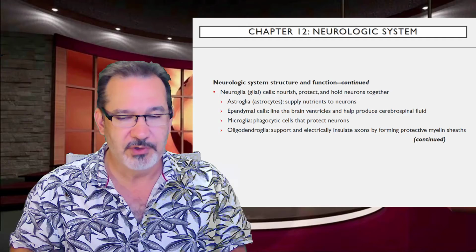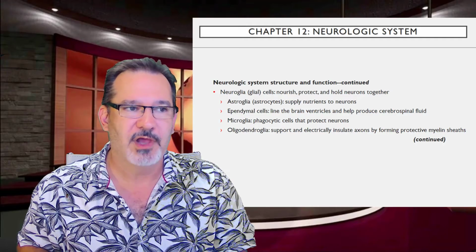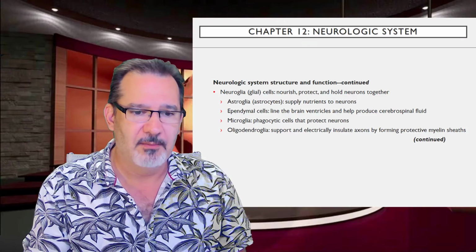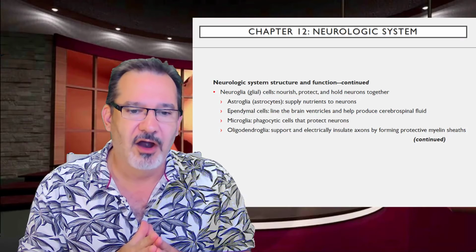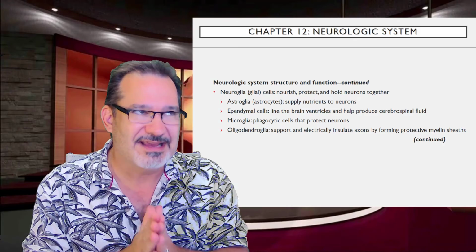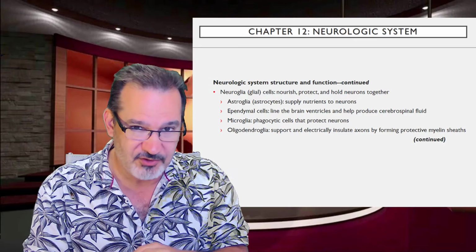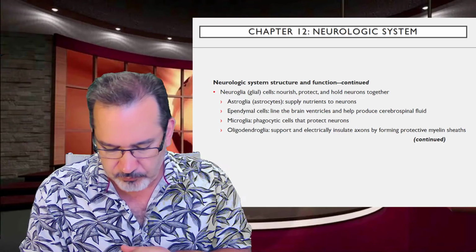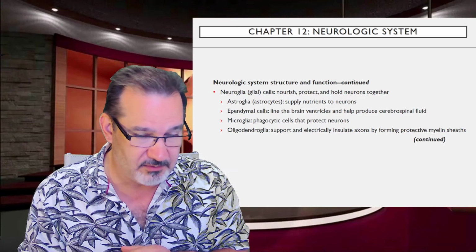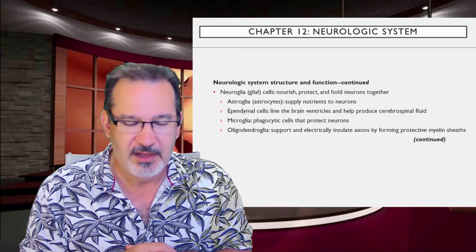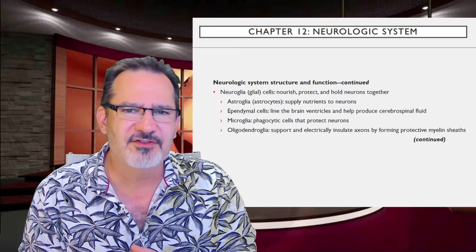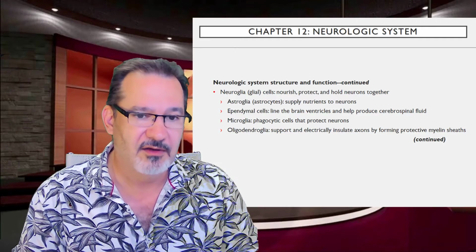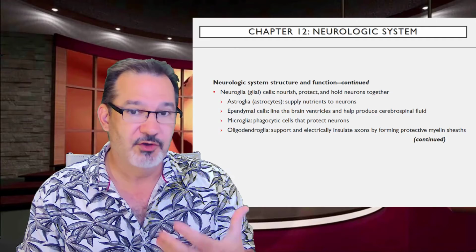Phagocytosis is a way to remove waste products or waste material. So microglia protect the neurons in part by removing waste from an injured neuron in particular. It's kind of like a defense mechanism, like the immune system of the nervous system.